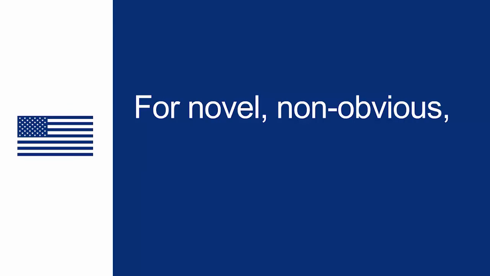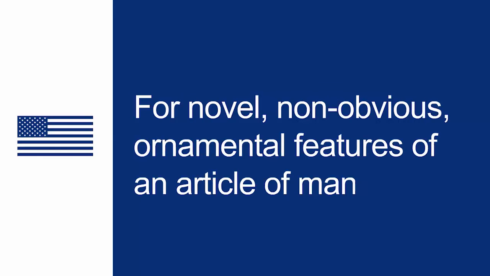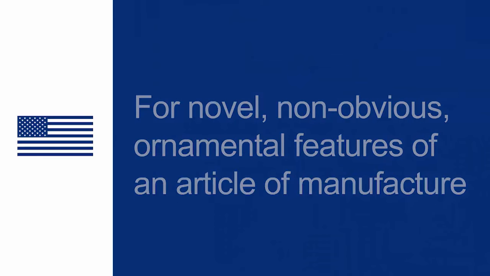A design patent can be granted for novel, non-obvious ornamental features of an article of manufacture. A design is new or novel if no prior design is substantially the same in the eye of an ordinary observer. It must have some unique or distinctive shape or appearance. The design must also be non-obvious.